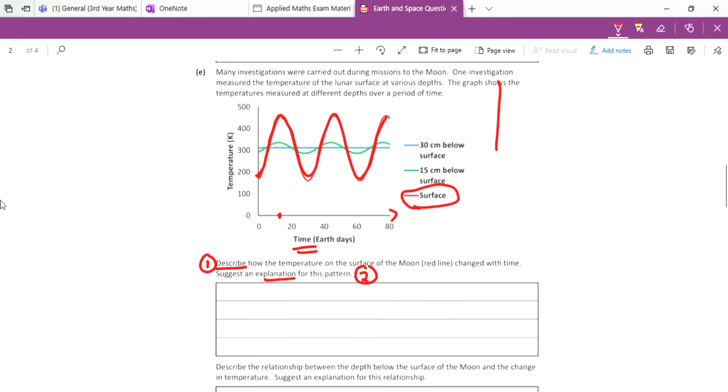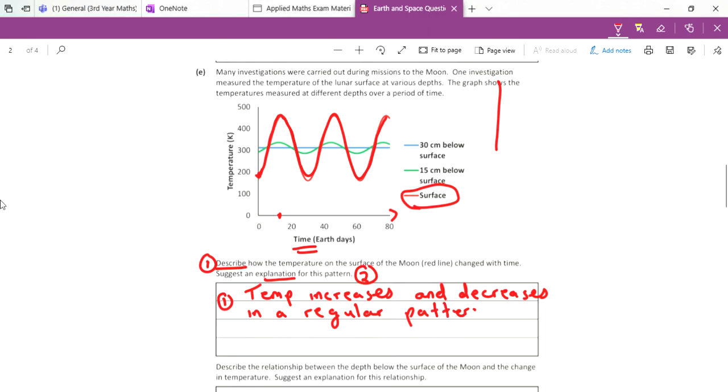So for describing the first bit, we could just say the temperature increases and decreases, and that will get you 3 marks. But even better, you could say in a regular pattern, because it's going up and down and it's very regular.